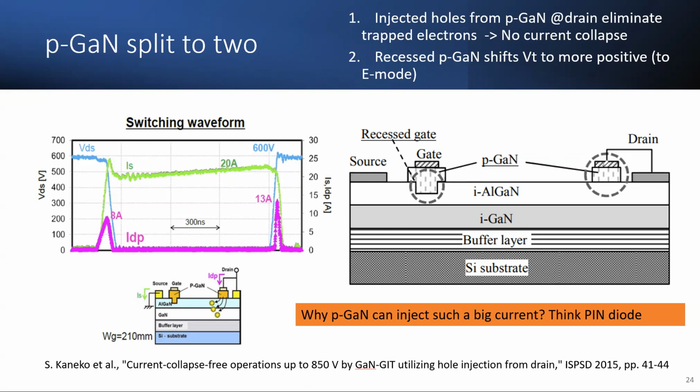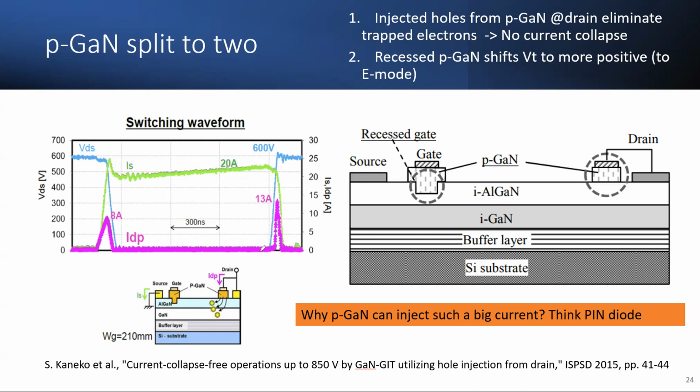The gate, p-GaN, and then the gate, and then on the drain, you put it there too. So why do you want to do that? Well, it turns out that the drain here injects some holes, and these holes will cover up your defect here. Your defect is net charge, so you throw in some holes to cover it up. So it's a mitigation strategy, and it worked pretty well.